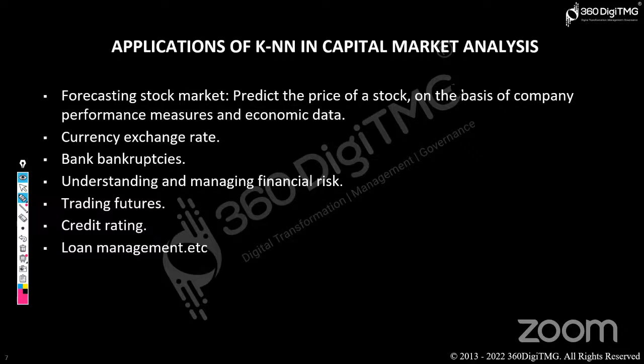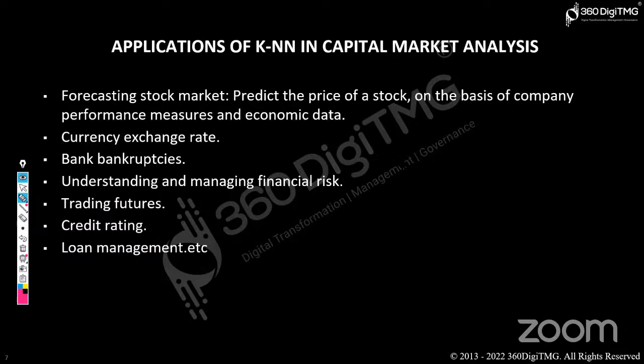So now, if I were to summarize it on the whole, k-nearest neighbor is a simple supervised machine learning algorithm that can be used to solve both classification and regression problems.